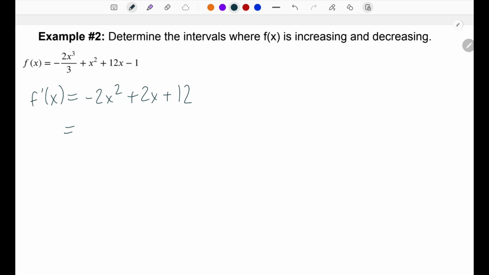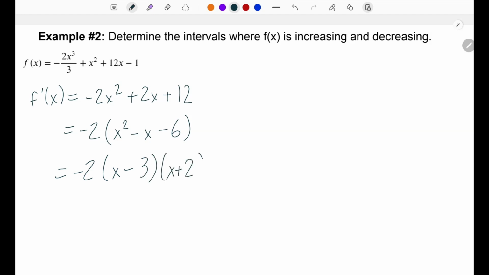So since we want to figure out where we're increasing and decreasing, what we're going to do is find those points where the transition points are. And we're going to do that by finding the zeros, and then we can basically test in between the zeros. So first of all, that means we have to factor this. So x squared minus x minus 6, and that's going to turn into x minus 3, x plus 2.